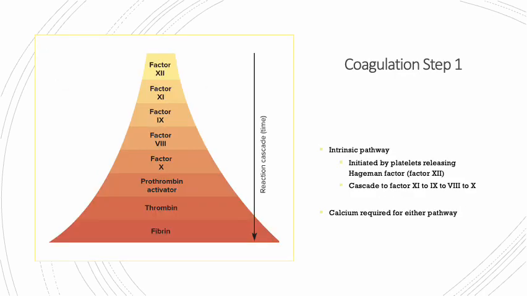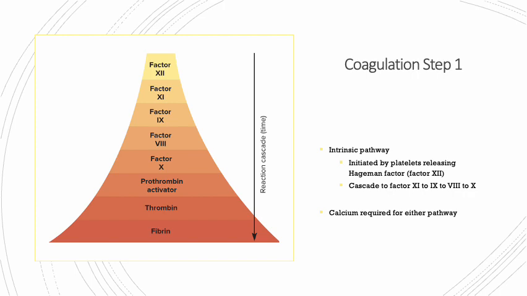The slower pathway is the intrinsic pathway, and this means that there is no damaged tissue, and it's initiated by the platelets inside of the body. It's initiated by the platelets releasing factor 12. Then this causes a cascade event to factor 11, factor 9, factor 8, factor 10.